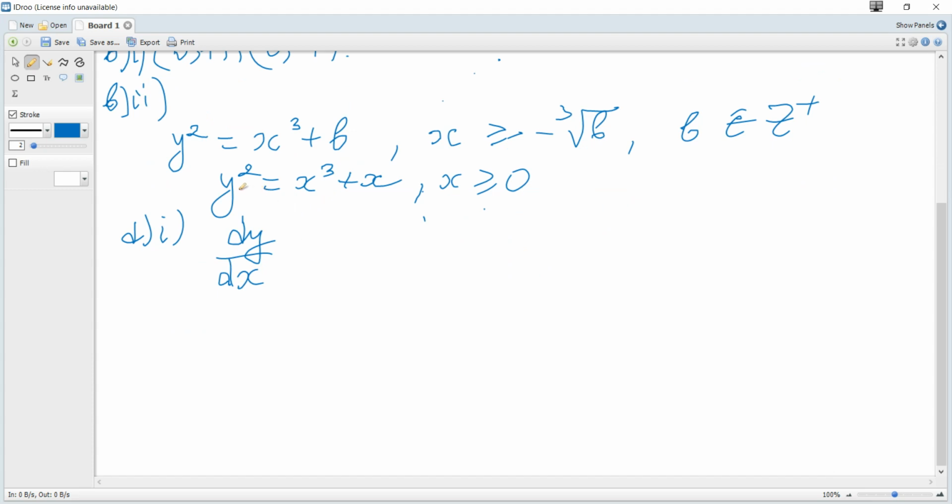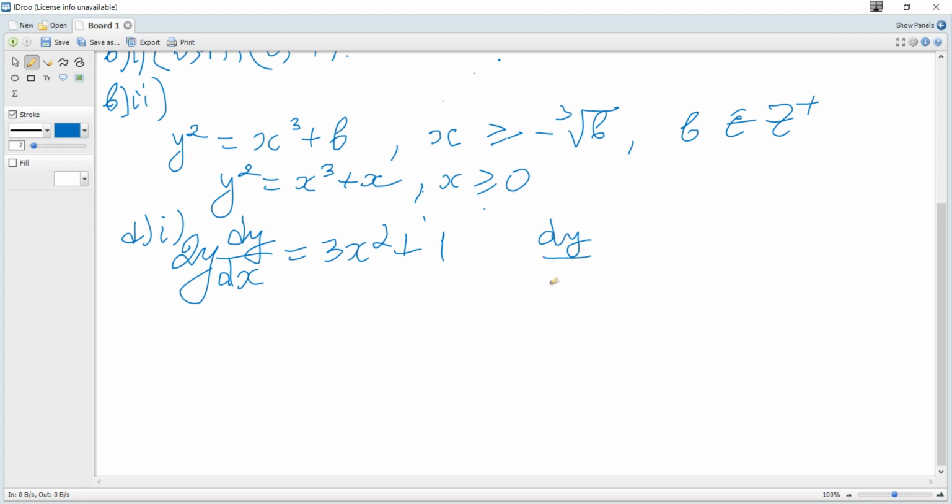And since we can see y squared, we should apply implicit differentiation. So we differentiate both sides with respect to x, and the derivative of y squared becomes 2y dy dx, which is equal to 3x squared plus 1.